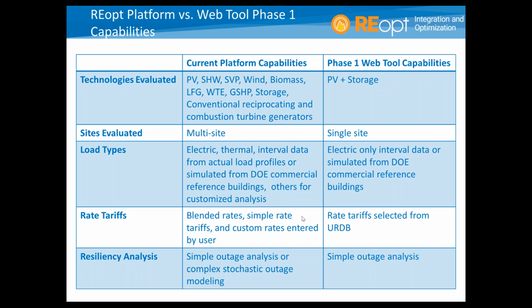In the internal model, we have a lot more flexibility in terms of specifying our own custom rate tariffs or using blended rates. And that is something that we plan to add to the REopt Lite web tool this year. And then finally on resiliency analysis, the analysis that I just described to you is done using the internal REopt model, but there is a simplified version of that available in REopt Lite, and that's something that we continue to expand on and plan to roll out later this year.